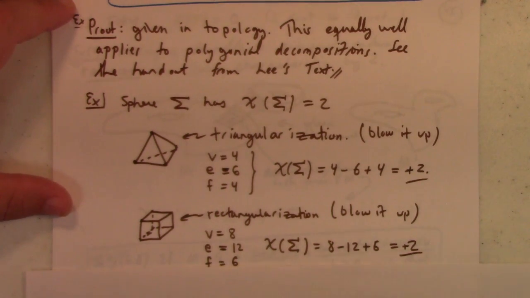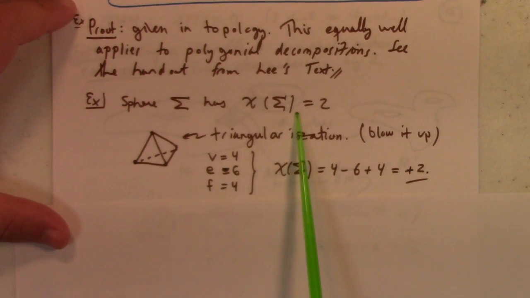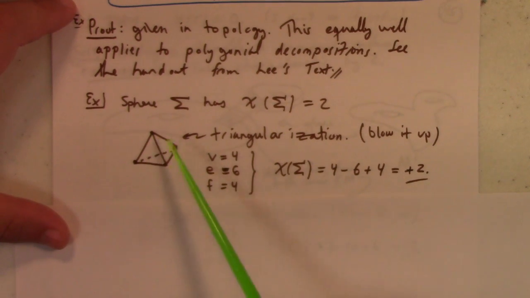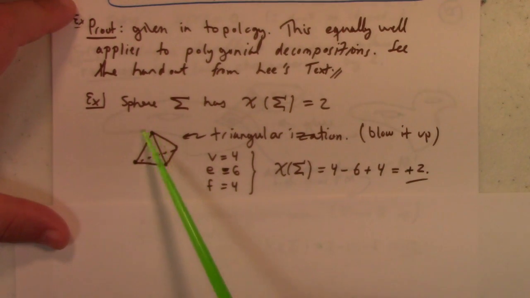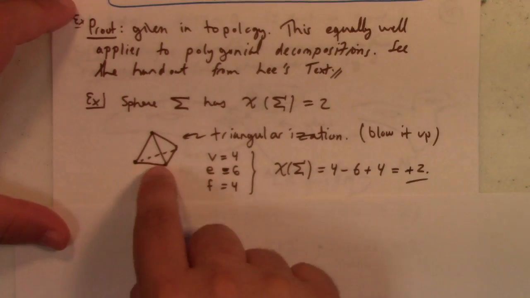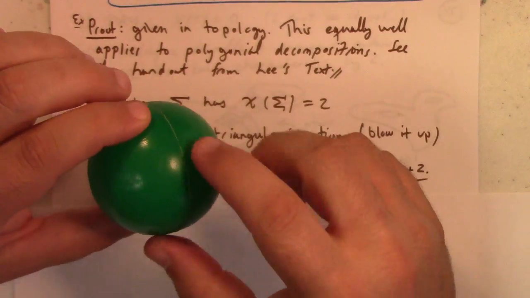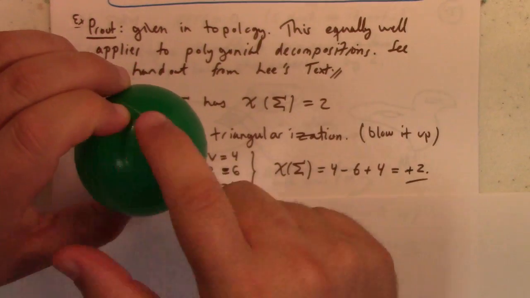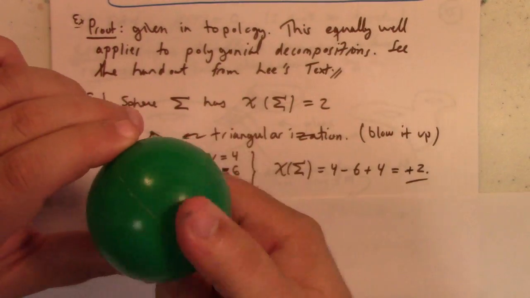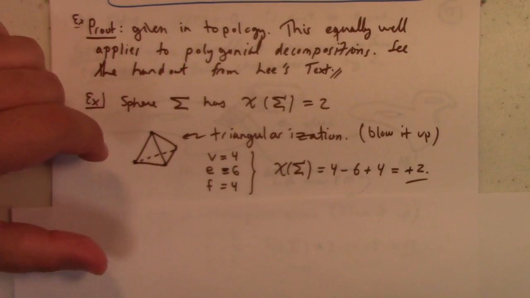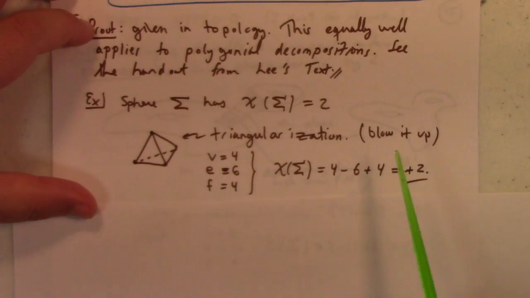So the sphere, for example, has Euler characteristic 2. Basically you can imagine in your mind's eye taking this tetrahedron and blowing it up into curved triangles that fill out the sphere, and that gives you a triangularization of the sphere.